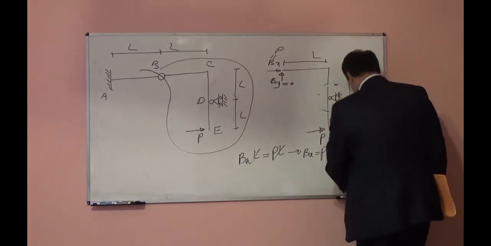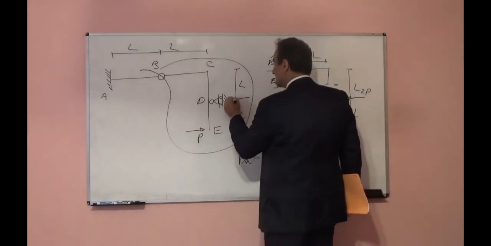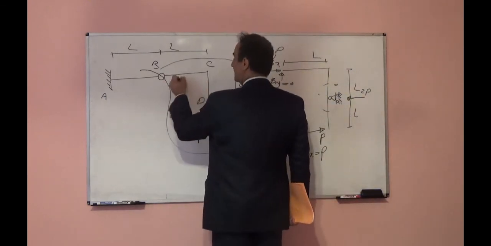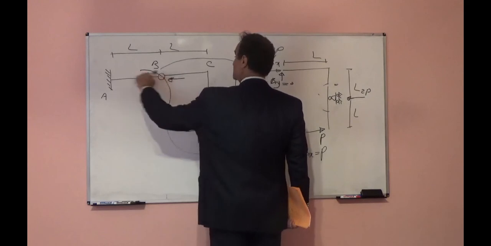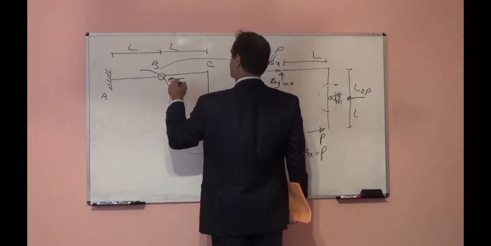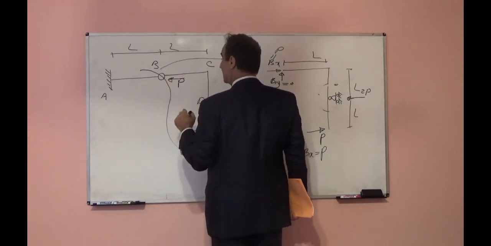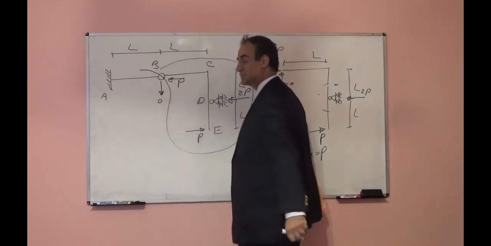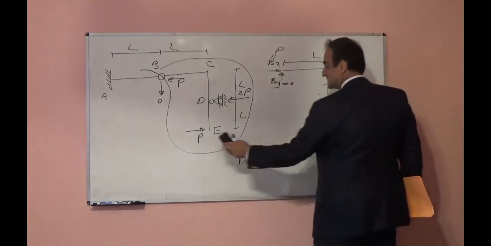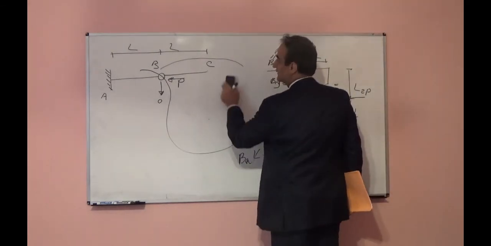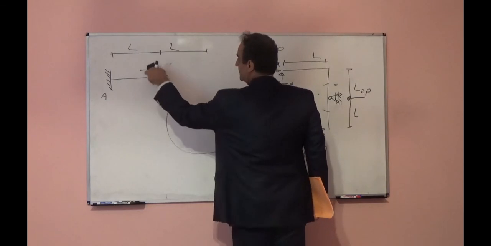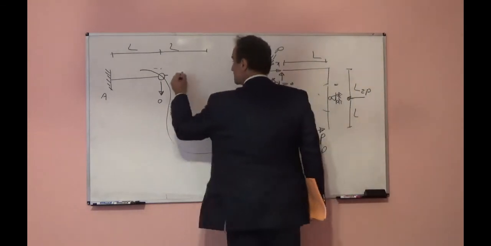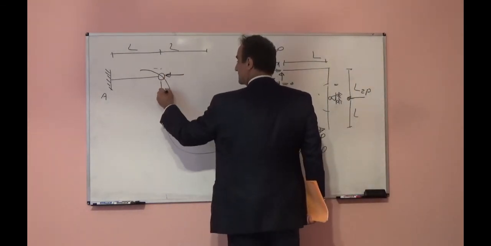So now, let's come back to the real structure. Here, the reaction is 2P. This part applies an axial force in the AB direction, P, and the vertical load it applies to the AB part is 0. So if I remove this part, the action of this part on the AB part will be one axial force and one vertical load.